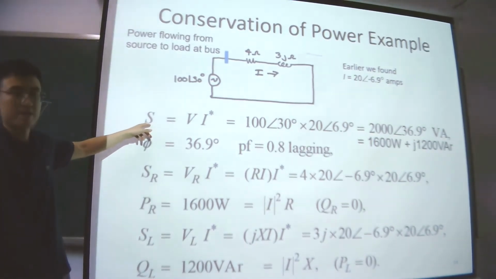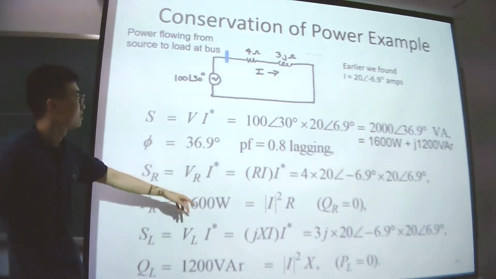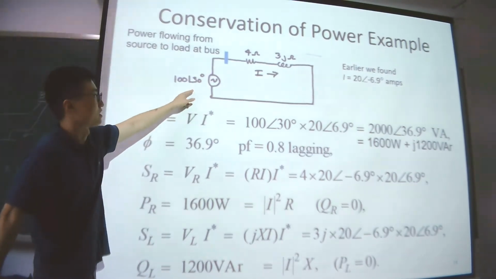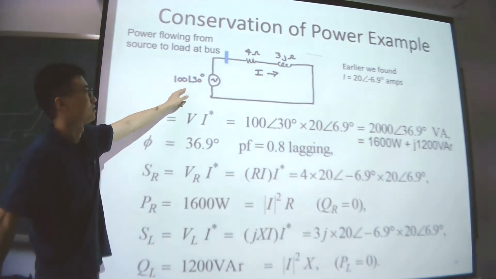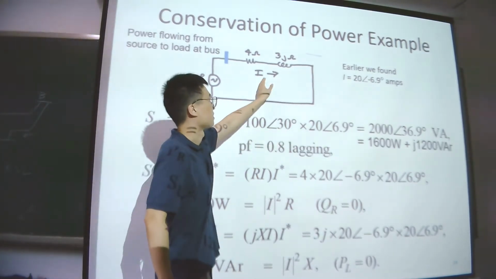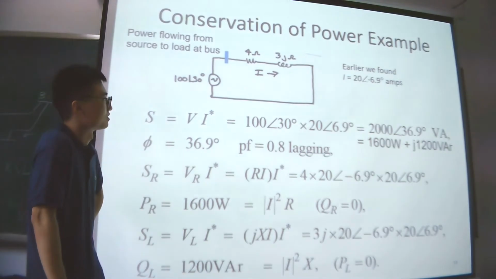The complex powers. Here is the voltage, because this is the new voltage source, and the current is here, which was calculated in previous examples.